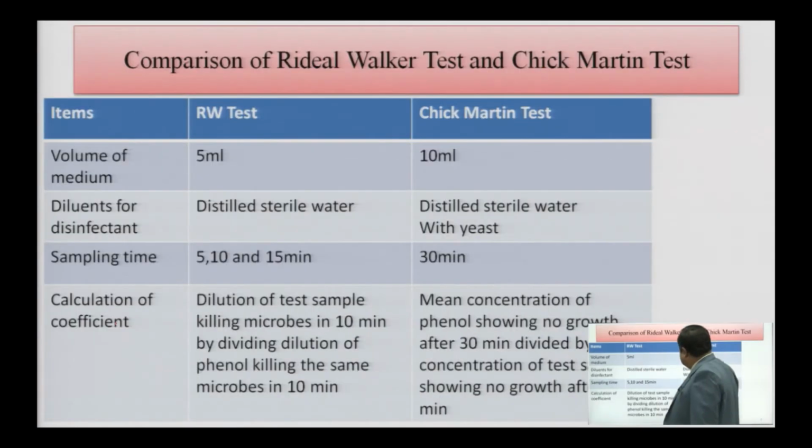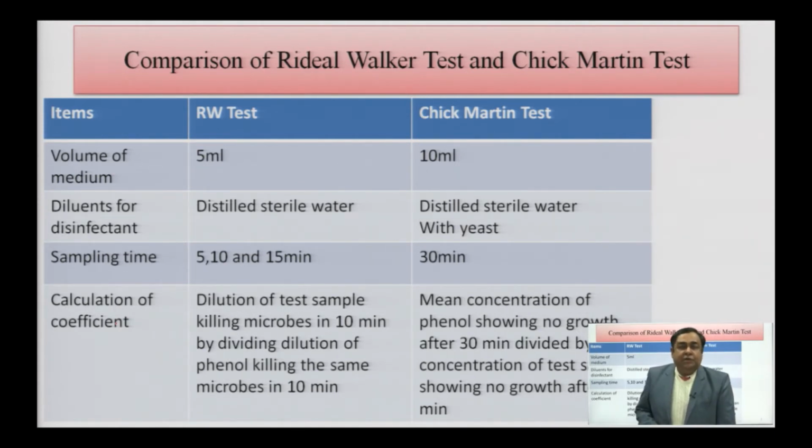Apart from this, let me give you an idea about a broad comparison of the Riedel-Walker test and the Chick-Martin test. In the Riedel-Walker test, we have seen that the volume of the disinfectant was kept at 5 ml. But here in the Chick-Martin test, we keep the volume at 10 ml.